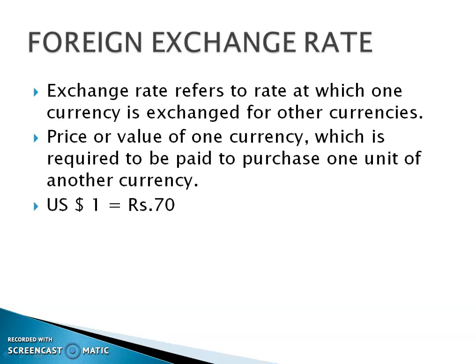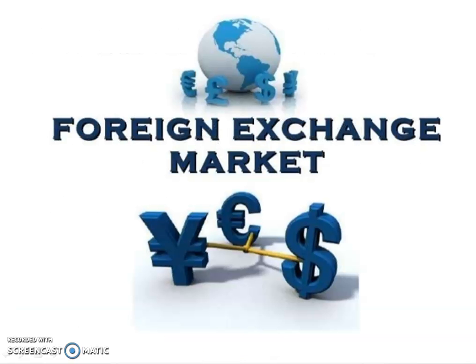Students, to better understand the concept, always take foreign currency as a commodity. So, if you have 70 rupees, you can buy 1 US dollar. So, this is the exchange rate. Then, another term in foreign exchange is the foreign exchange market. What is a market?